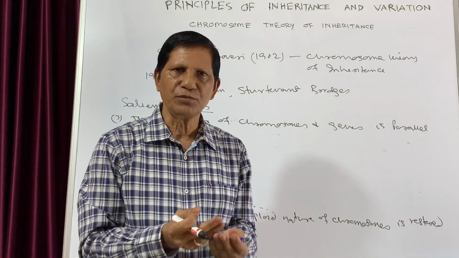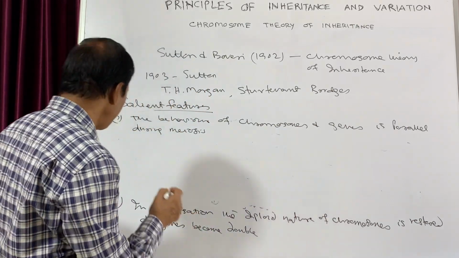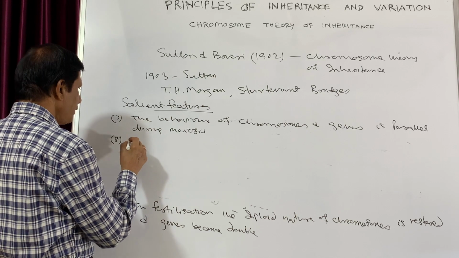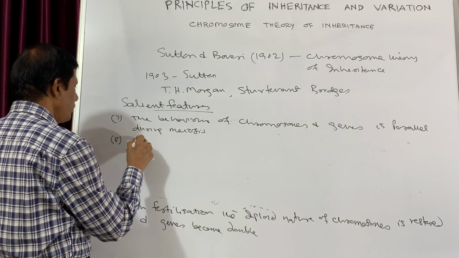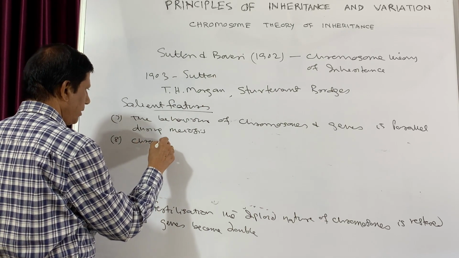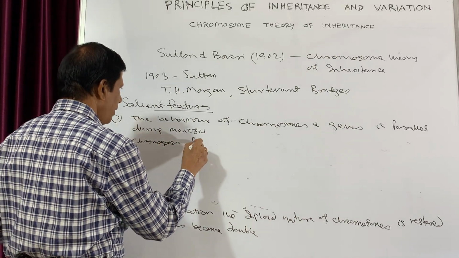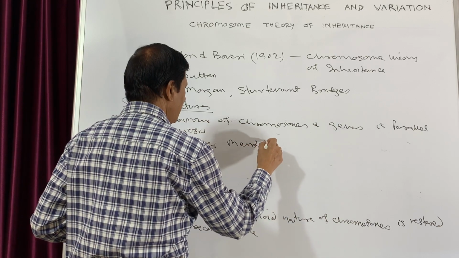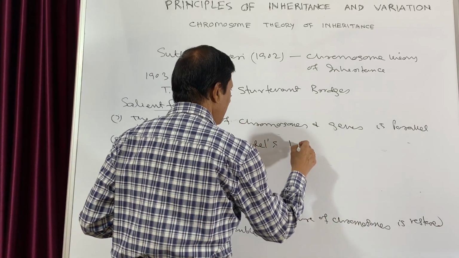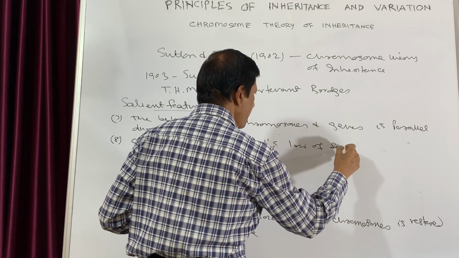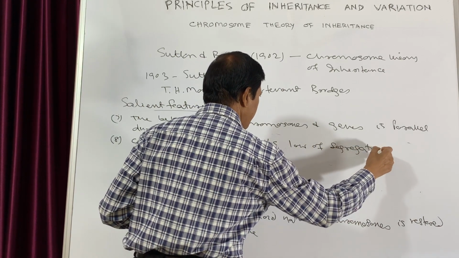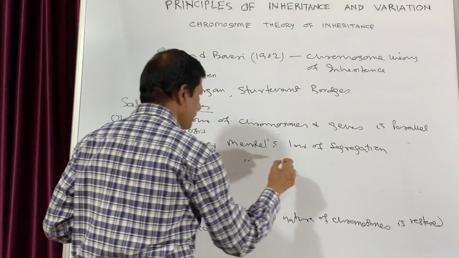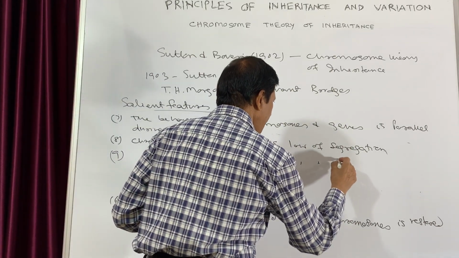In addition to this, two more important points are there. The chromosomes follow Mendel's law of segregation, and the chromosomes follow Mendel's law of independent assortment.